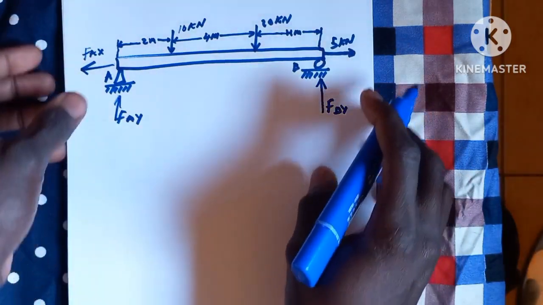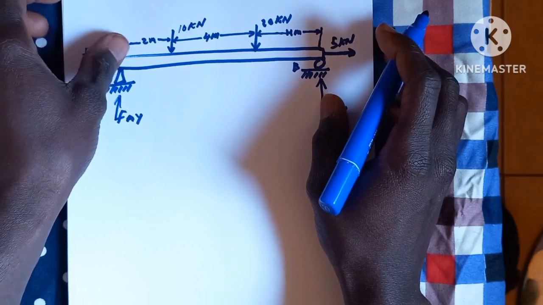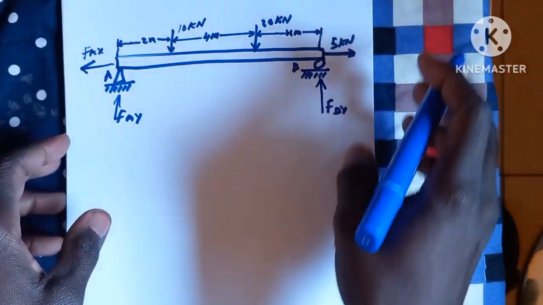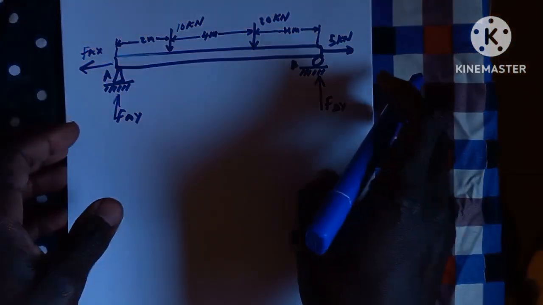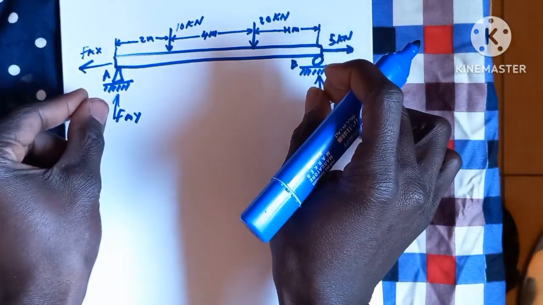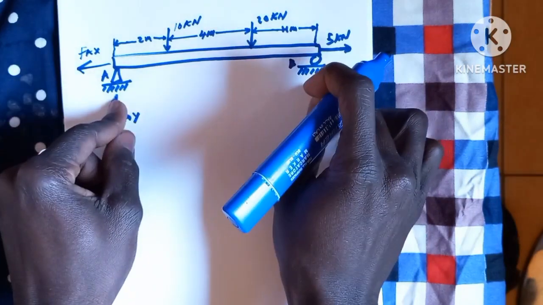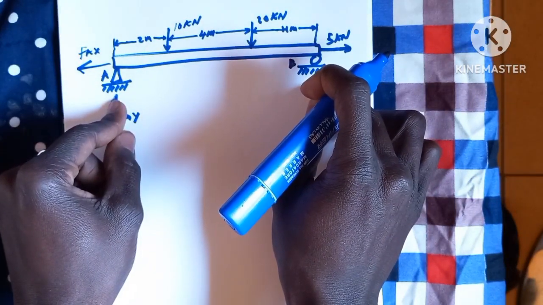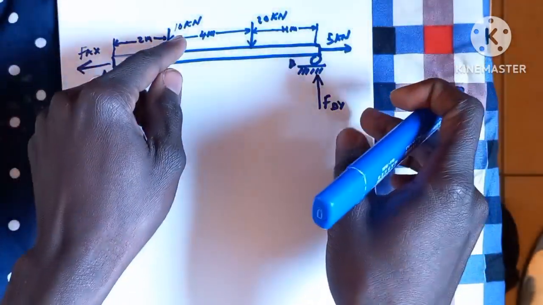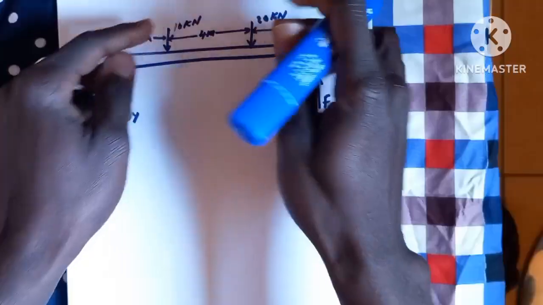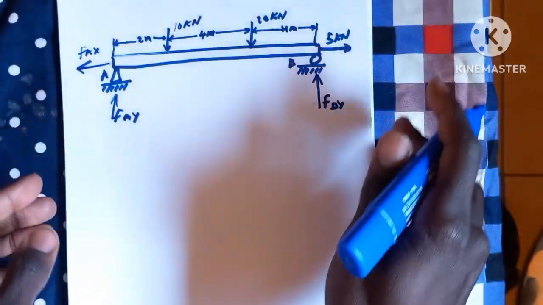For the Y direction, we have forces going up and forces coming down, and the forces going up will be equal to the forces coming down. Let's say, for instance, if you have 10 and 10 here, that means we should also have 20 here. Since we have 30 here, the sum of these forces should also be 30. Always keep that in mind.